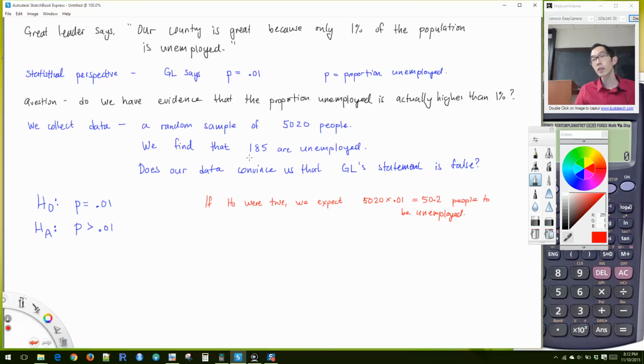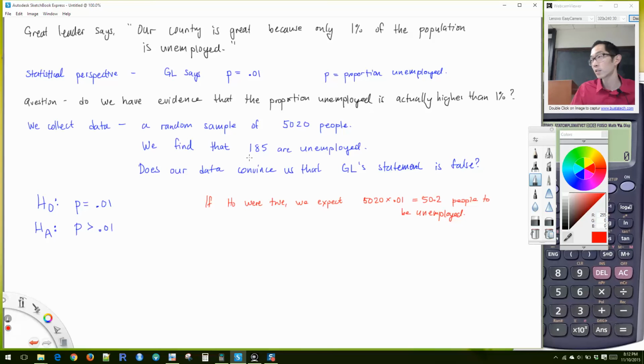That we just happened to get a random sample that happened to have too many unemployed people? Okay? That could be the case, but we can find the probability of just such a coincidence happening. Okay, it is a possibility, but we could find the probability of this coincidence happening. So what's your gut instinct?